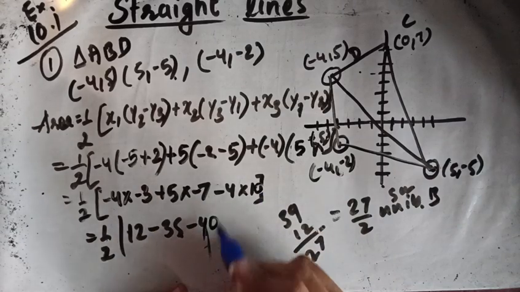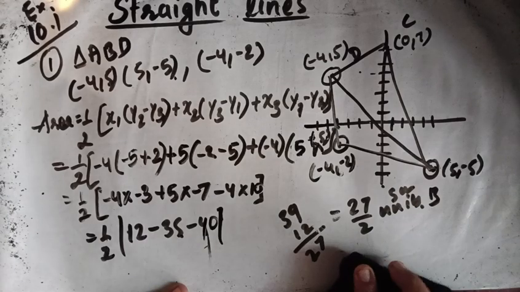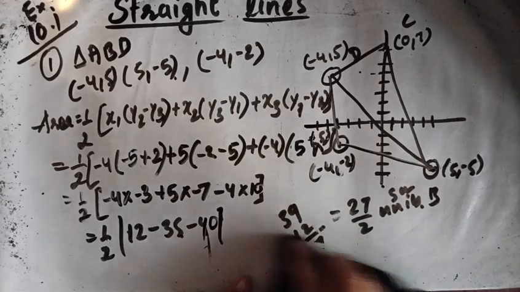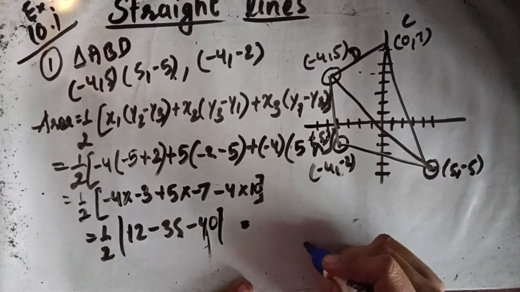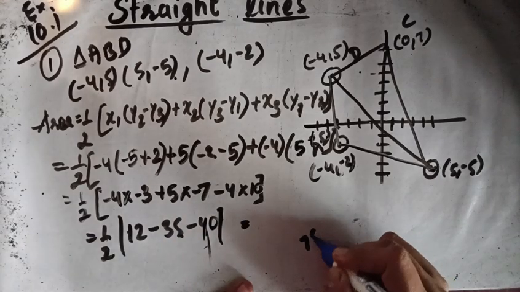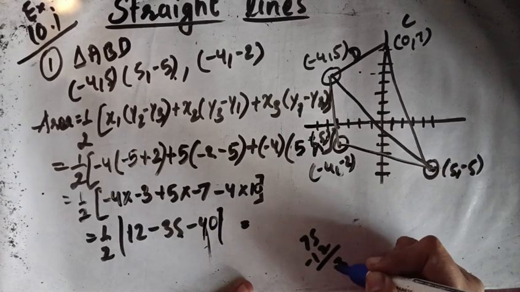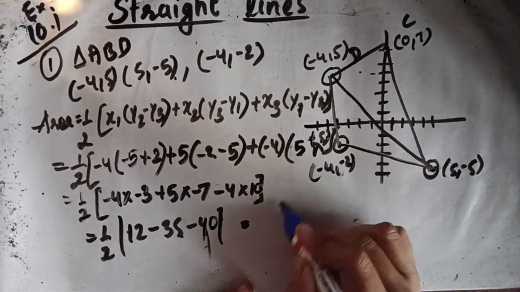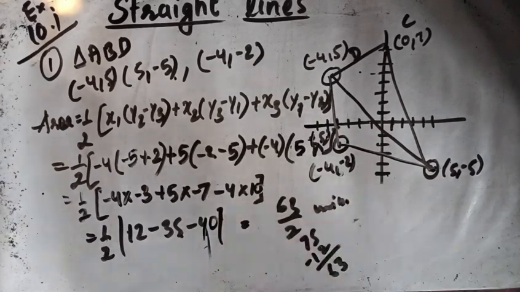This is 40. So it is 75 minus 12, 63 by 2 square units.